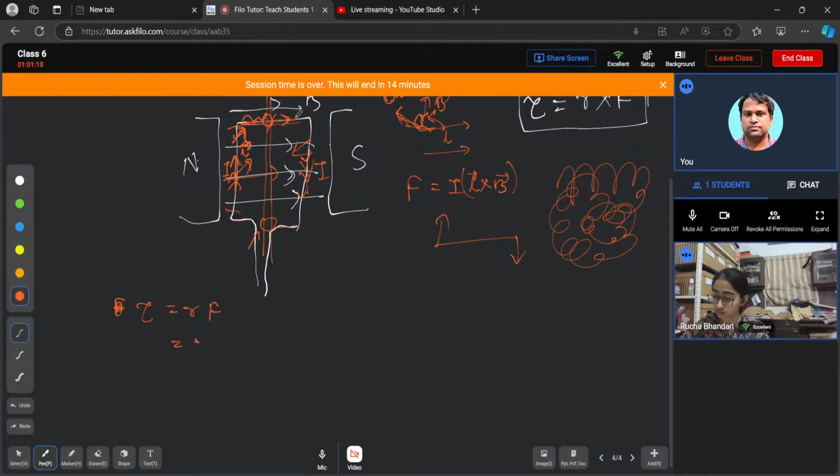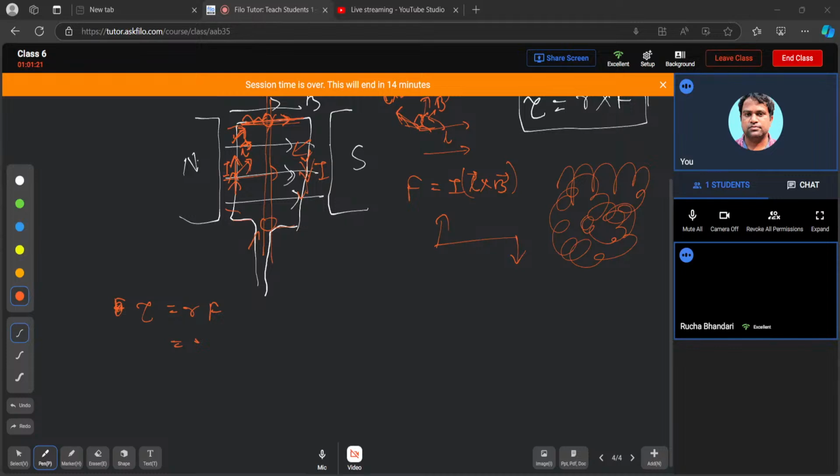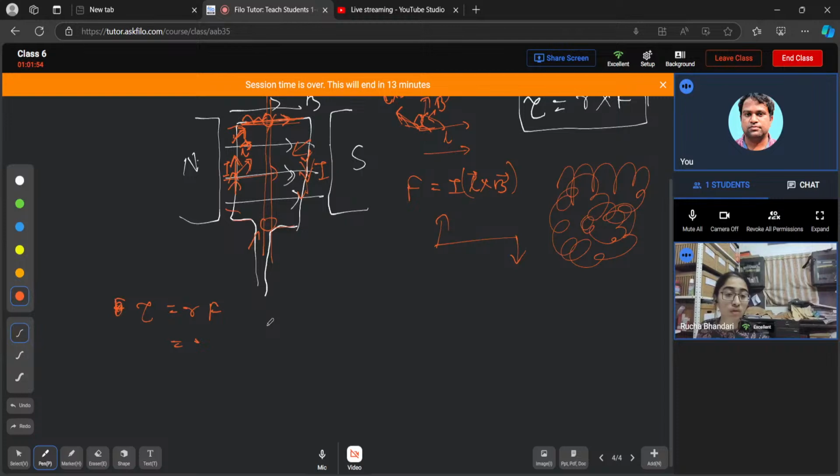Let's say this part is of length L1 and this part is L2.